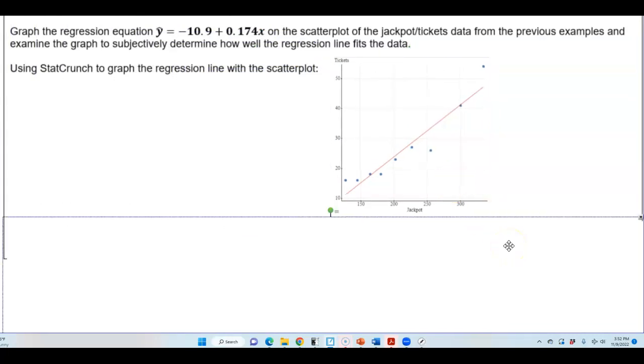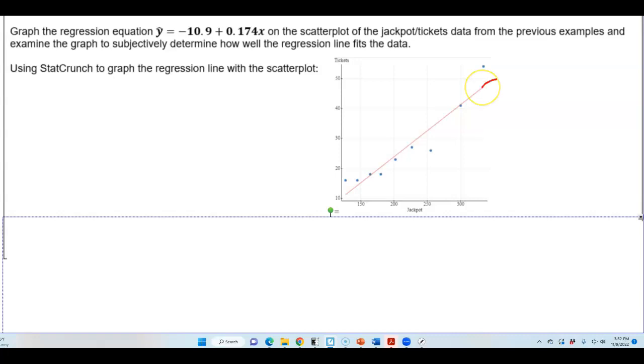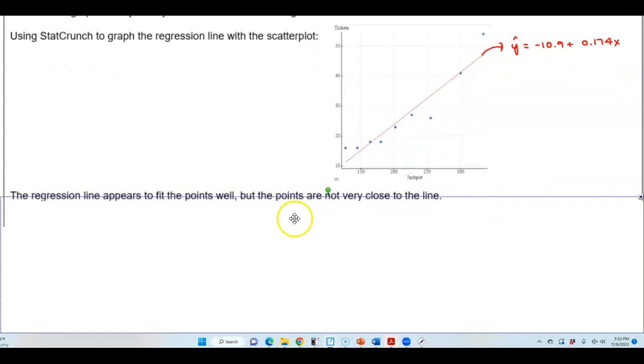Again, that red line represents the equation that we have just graphed. So the red line is y hat, or the regression line of negative 10.9 plus 0.174x. We can see that this line kind of goes in the middle of all these points.